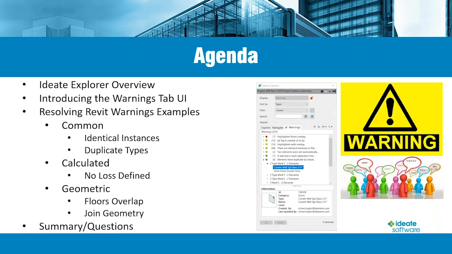We're going to be able to identify where that warning occurs, what elements are causing that warning, and then you're going to use the tools in Revit, such as changing the sketch line of the floor, so that the floors don't overlap. So it's basically giving you the management of these warnings, and then you'll use the individual Revit tools that you are so familiar with to fix those.